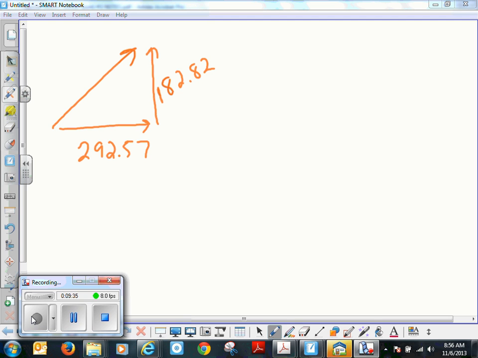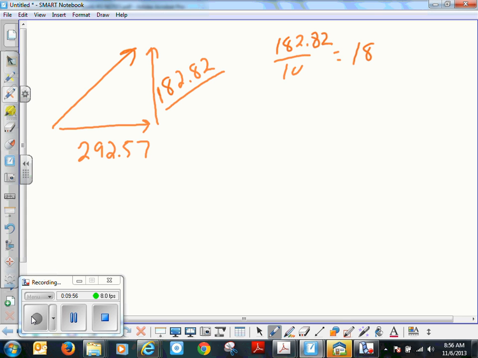Okay, so let's look at this. Doing your trigonometry, you find your x and y velocities. Okay, so how much time? You can do this a couple ways. What we have been doing traditionally is saying that 182.82 divided by 10 equals 18.285 seconds.